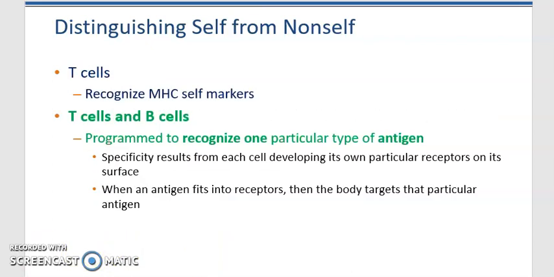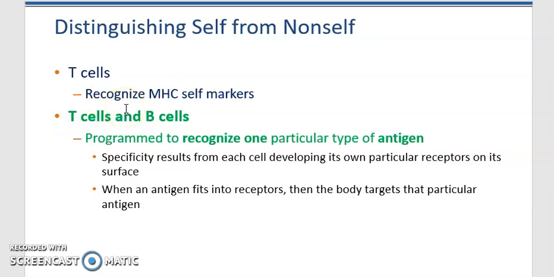So the T cells are able to recognize those MHC markers, those self markers. And there's actually two types of MHC markers. There's MHC markers that identify that tissue cell as self, and that's MHC complex number 1. But there's also MHC complex number 2.